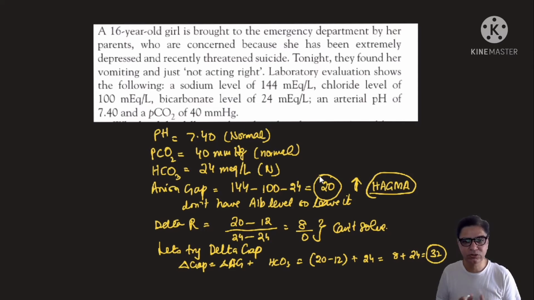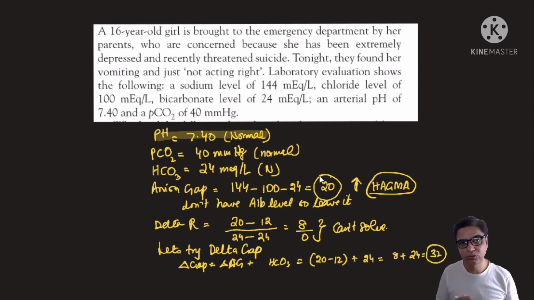So the blood gas shows a serum sodium level of 144 milliequivalent, and the chloride level is 100 milliequivalent, bicarbonate is 24, pH is 7.4, and PCO2 is 40 millimeters of mercury. Now look at that. This is a very good example because the pH here is 7.4, which is normal.